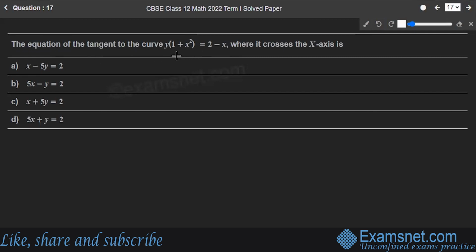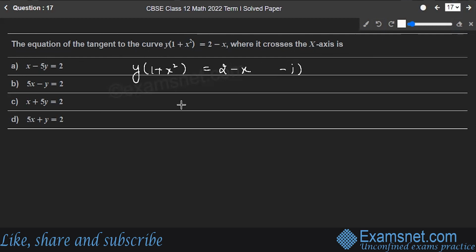Equation of the tangent to the curve y into 1 plus x square is equal to 2 minus x, if it crosses the x-axis, is given by. We have the equation of the curve: y into 1 plus x square is equal to 2 minus x. Let's say this is number 1.